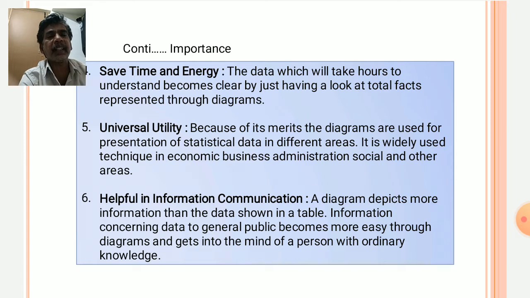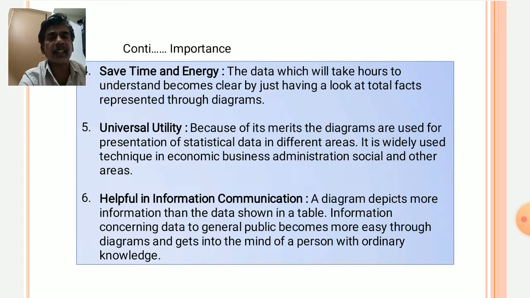Now, save time and energy, another importance of diagrams. The data which would take hours to understand becomes clear by just having a look at the total facts represented through diagrams.